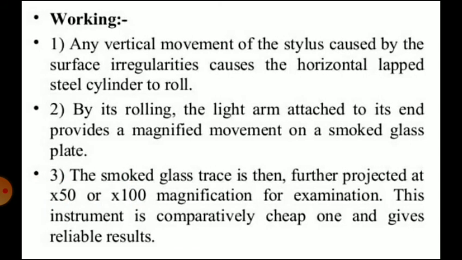Now the working. Any vertical movement of the stylus caused by the surface irregularities causes the horizontal lap steel cylinder to roll. So there is a rolling of the steel cylinder due to vertical movement of the stylus. By its rolling, the light arm attached to its end provides a magnified movement on a smoke glass plate.